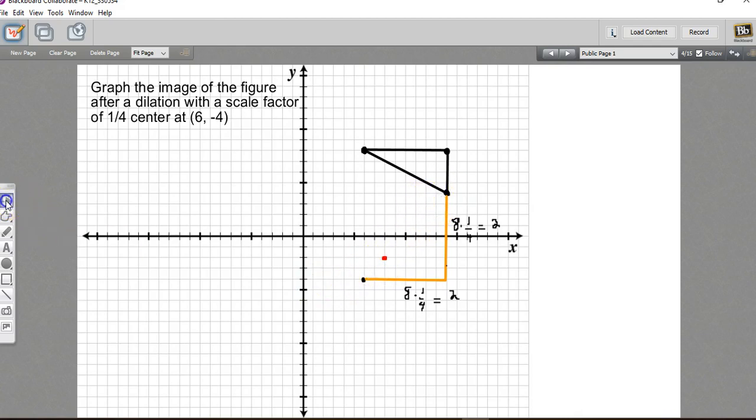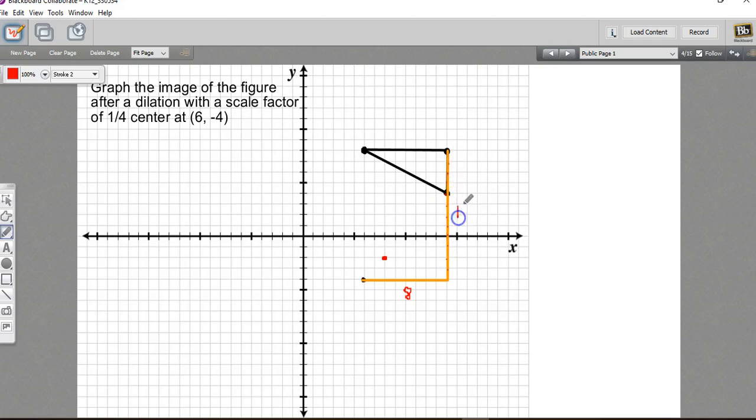See that? Let's erase these to give us a clean slate. Now let's try this again, but go to the next vertex. We know that this one here is 8, and this one here is 1, 2, 3, 4, 5, 6, 7, 8, 9, 10, 11, 12.